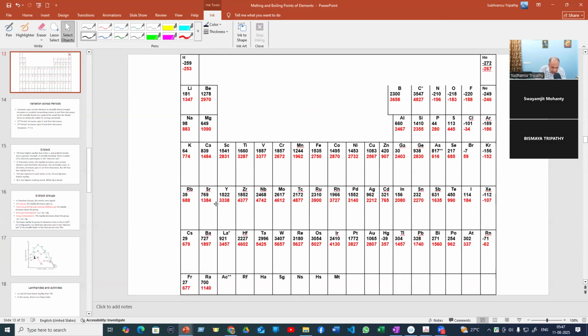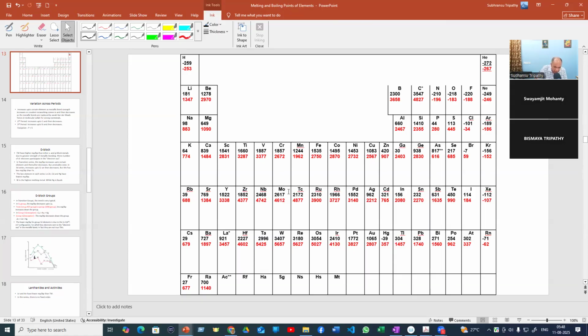So in the second series, it goes on increasing up to niobium 24, and then there is a dip at molybdenum, and then it's interesting. It goes on increasing up to molybdenum, chromium group.